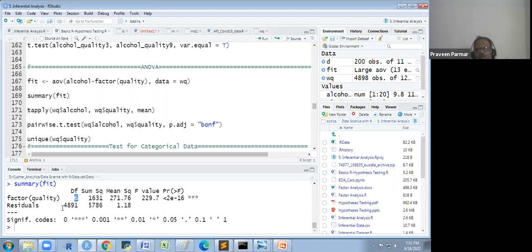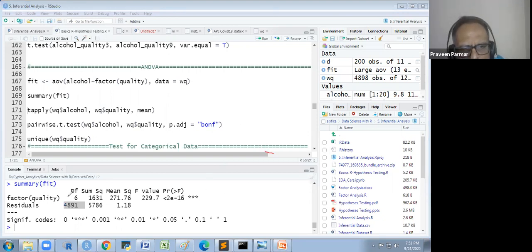And here you see the degree of freedom is 4891. The total number is 4898. Why is it so? So I will write that formula for you. For this factor, k is the number of categories, k minus 1, which is 7 minus 1, is equal to 6.